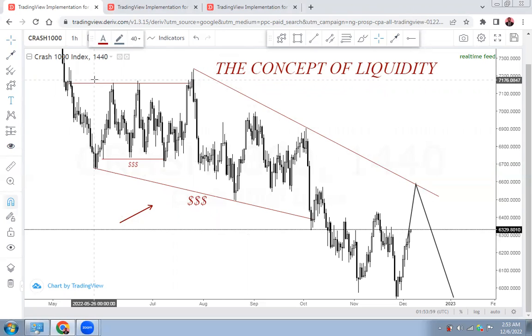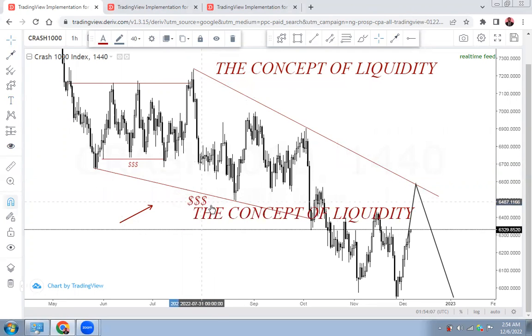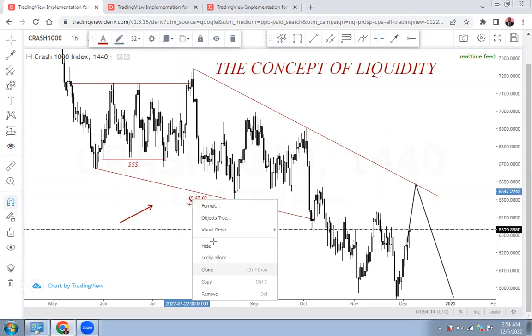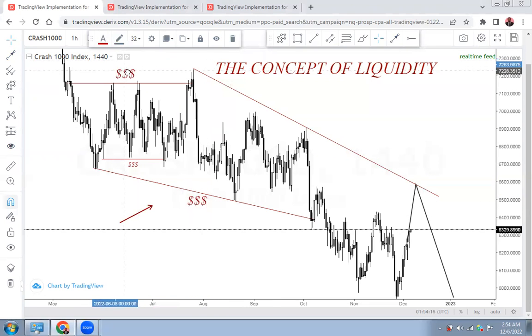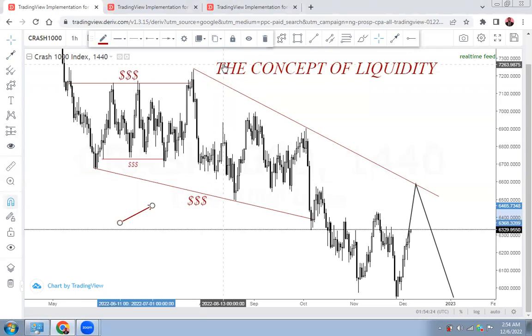This is the concept of liquidity. Price wants to do its thing. So this is liquidity. Smart money is just building orders around that region.